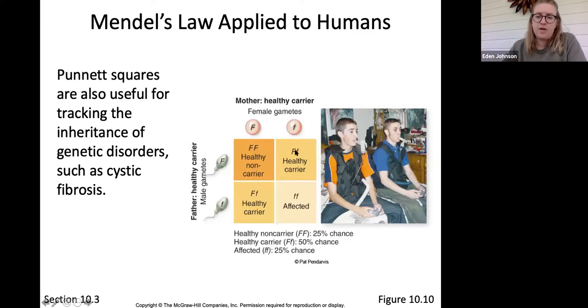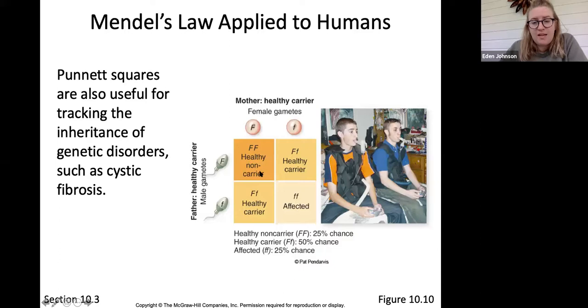You could also have individuals that are heterozygous, and if you're heterozygous, then you are what is known as a carrier. In this case, you would be a healthy carrier because even though you have this little f, you're not affected, because your body is going to preferentially express that dominant trait of not having cystic fibrosis.